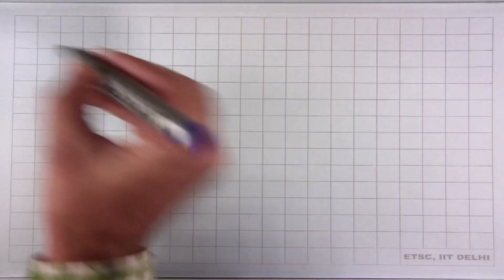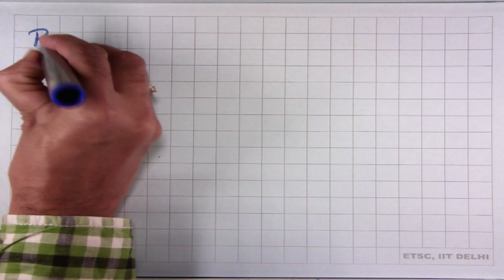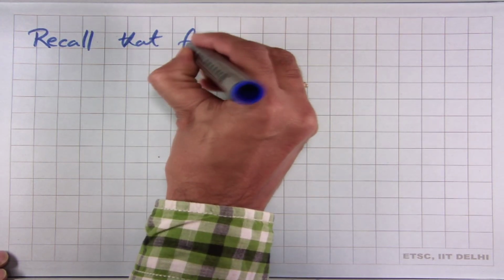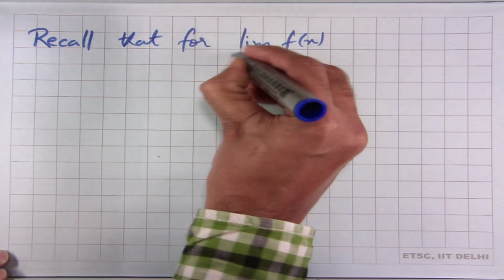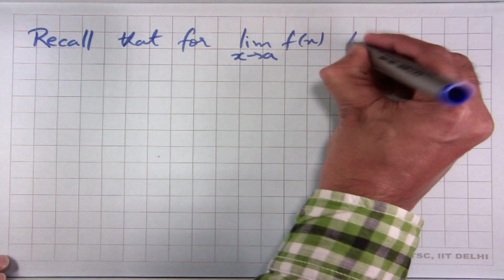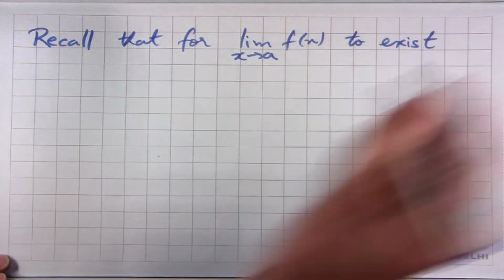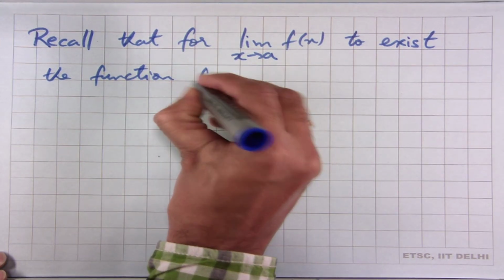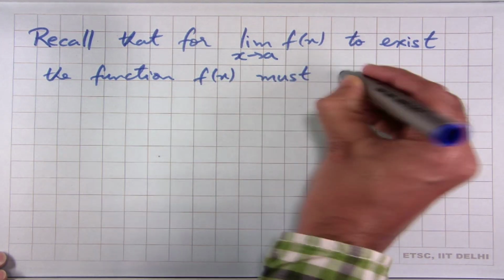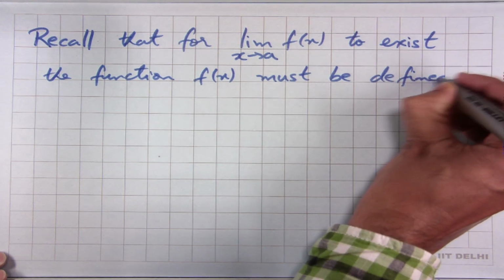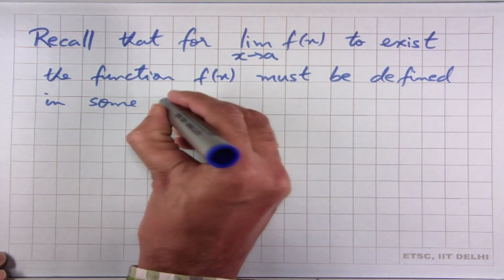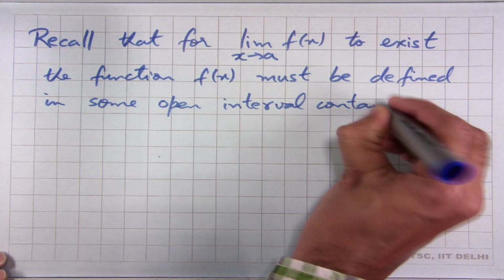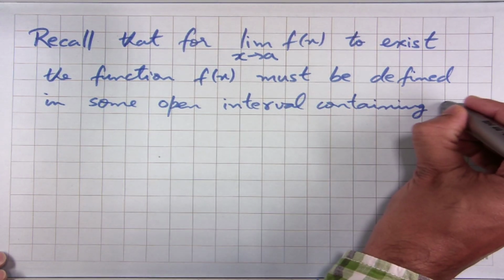So, recall that for the limit of f of x as x goes to a to exist, the function f of x must be defined in some open interval containing a.